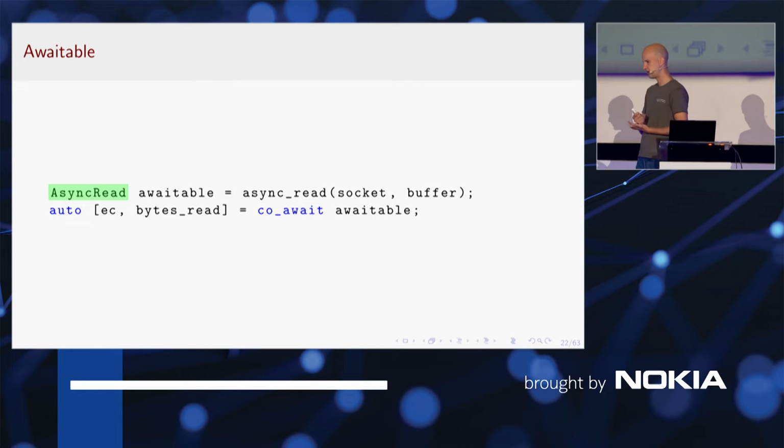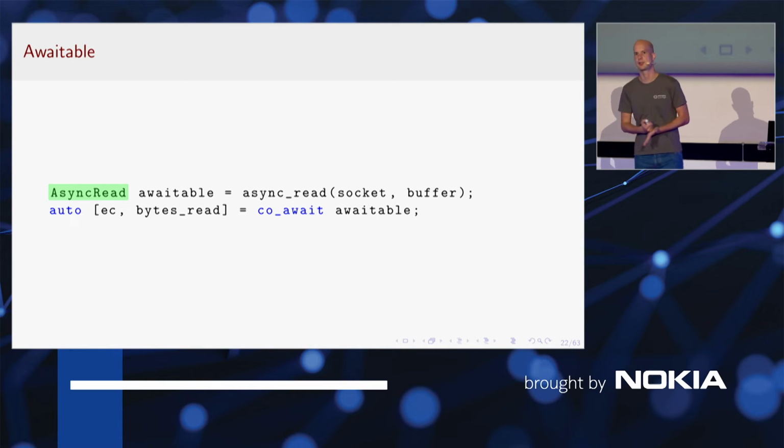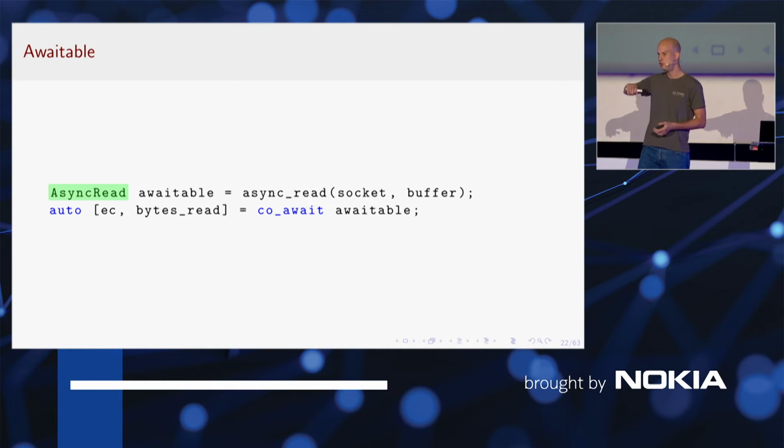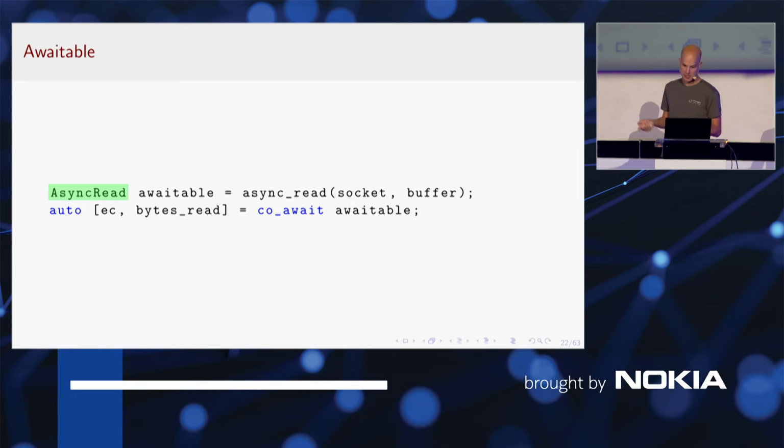The important thing to understand here is an awaitable is an opportunity for suspension. So you may stop executing at that point, but it's not guaranteed. It's actually up to the awaitable to decide whether you suspend or not. It may just decide to continue execution.